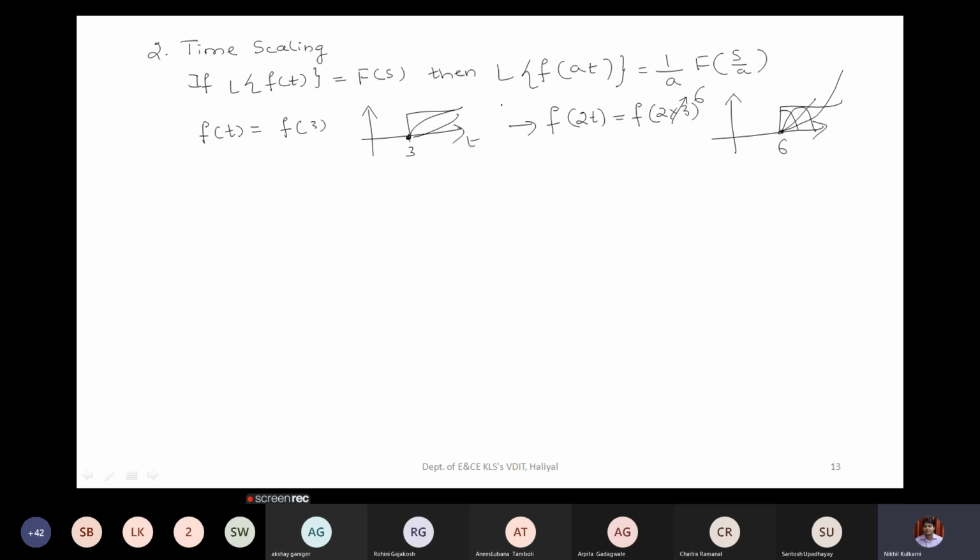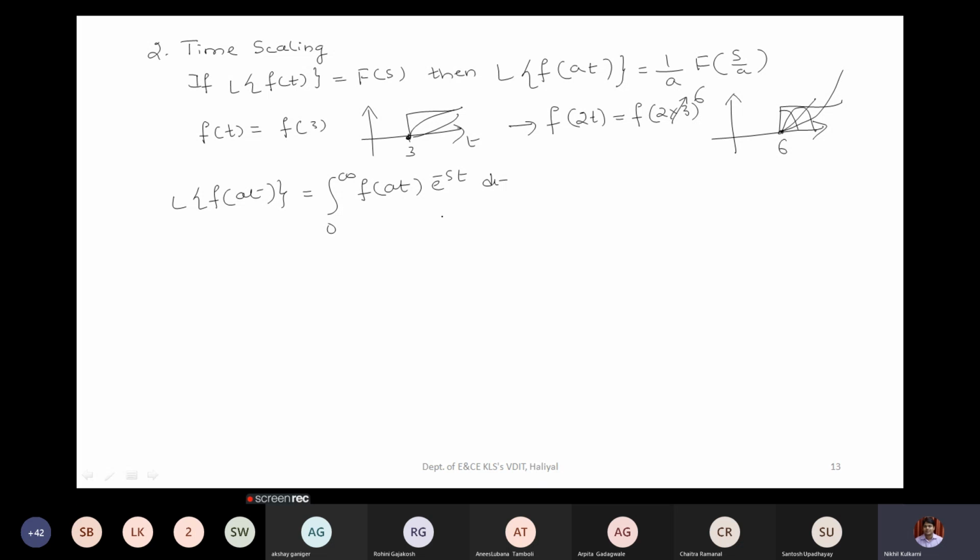Okay, so if you consider this over the Laplace transform, how can we write it now? The Laplace transform of f of at can be given by, again, the integration limits will be the same, that is the integration from 0 to infinity of f of at e to the power minus st dt.